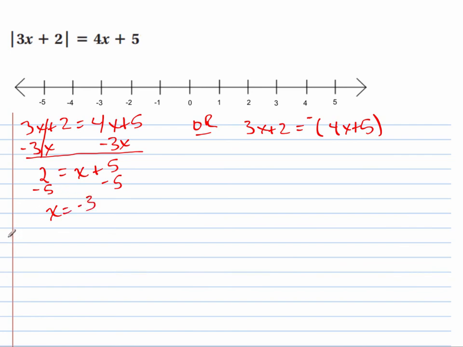I'm going to go ahead and check this one. So you plug back into your original equation, the absolute value of 3 times negative 3 plus 2, does that equal 4 times negative 3 plus 5? Now, this becomes what? Negative 9 plus 2.